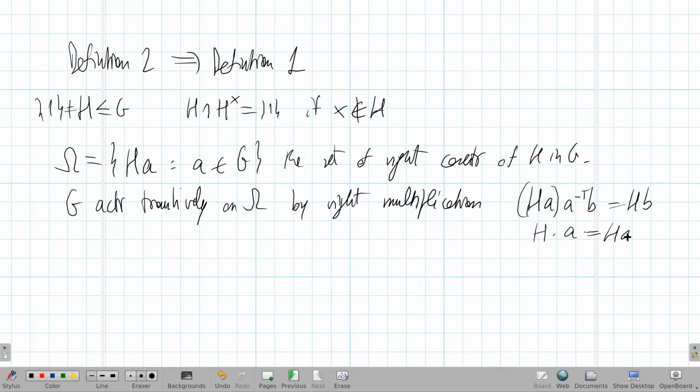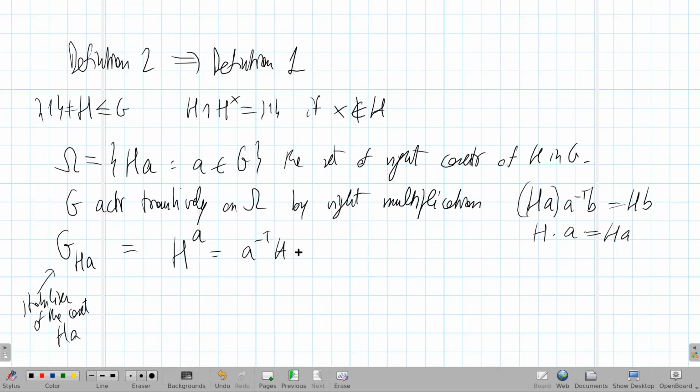What are the one-point stabilizers? Well, this is something we know from the first course in group theory: the stabilizer of the coset Ha is nothing else than H^a, the conjugate.